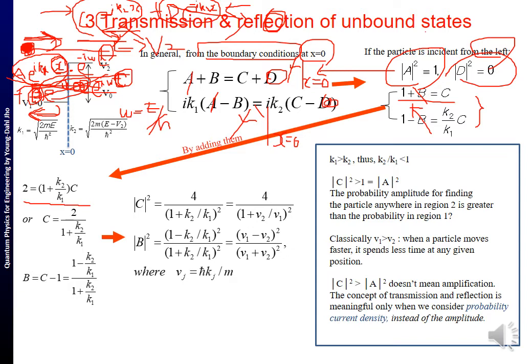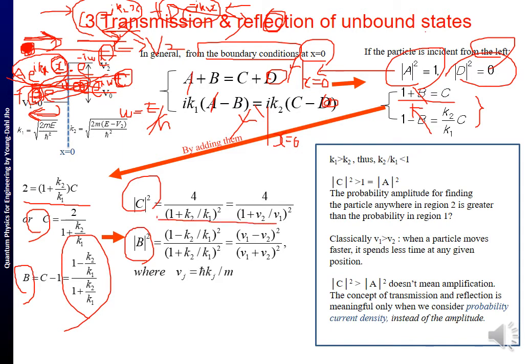So 2 equals 1 plus k2 over k1 times C. Then C is calculated to be 2 over 1 plus k2 over k1. And then B equals C minus 1. Then we have this, so C squared, B squared, we got this.